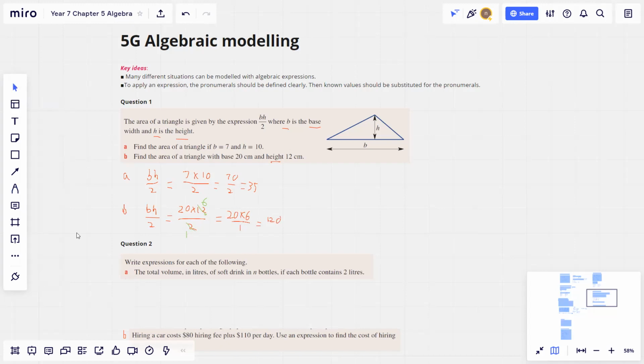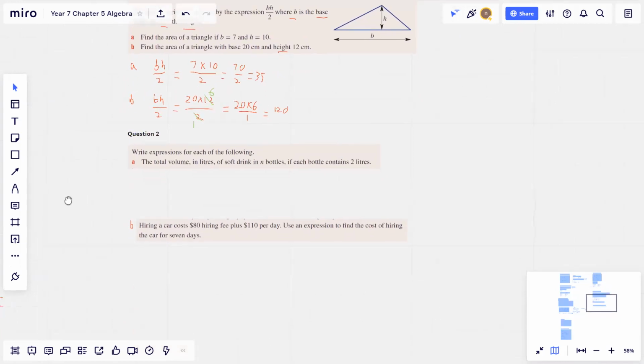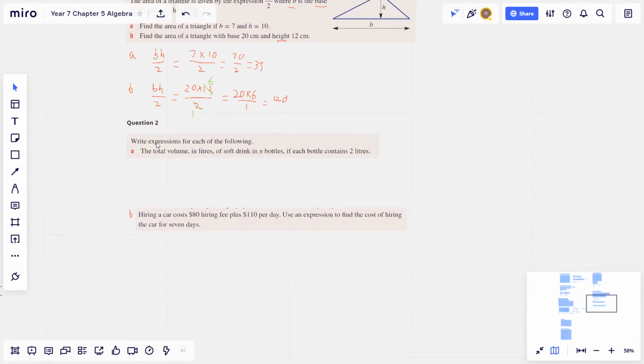Then let's go to question 2. This time, the question asks us to write expressions for each of the following. For the first one, we want the total volume in liters of soft drink in n bottles. n is the number of bottles, and each bottle contains 2 liters. If we only have 1 bottle, it contains 2 liters. If we have 2 bottles, it contains 4 liters.